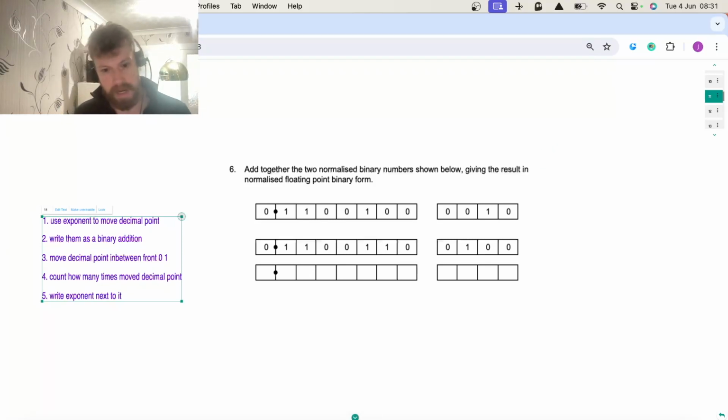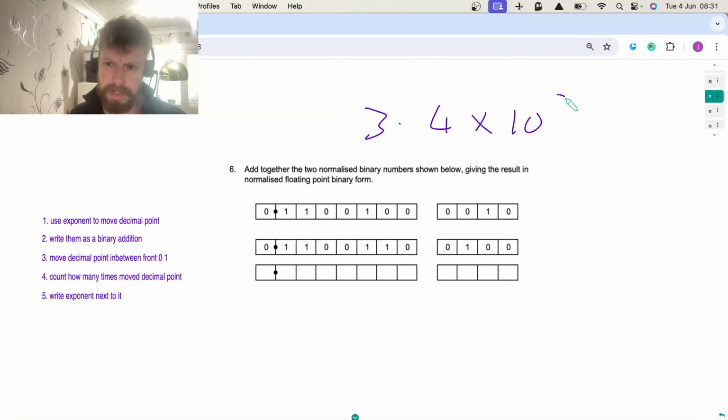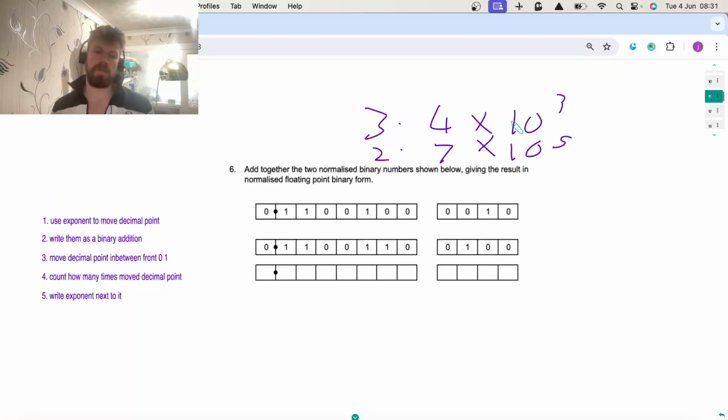Now, with the last little part on here, if you imagine 3.4 times 10 to the 3, and then I had to add 2.7 times 10 to the 5, the method in which I would do this is I would convert it first and then add them, and then convert them back into standard form. I can't just start adding them, because it's not going to work.